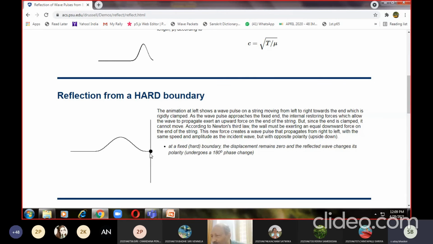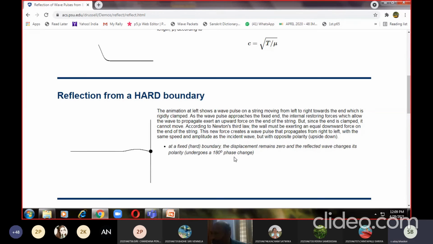Because it is rigidly fixed, it is getting reflected back. There is a phase change of 180 degrees, or an additional path difference of lambda by 2. That's how it is undergoing a phase difference of pi or path difference of lambda by 2.